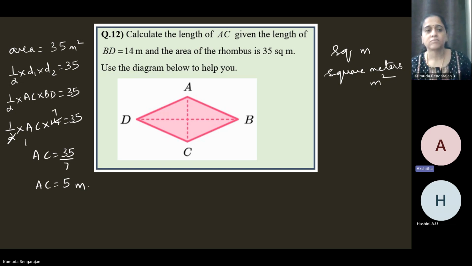Mom, actually AC is also 14 meter, right? Because they are saying calculate the length of AC given the length of BD, it means it's also equal as 14 meter, right? No. Why do you think so? No, mom, because they are saying that given the length of... One minute.